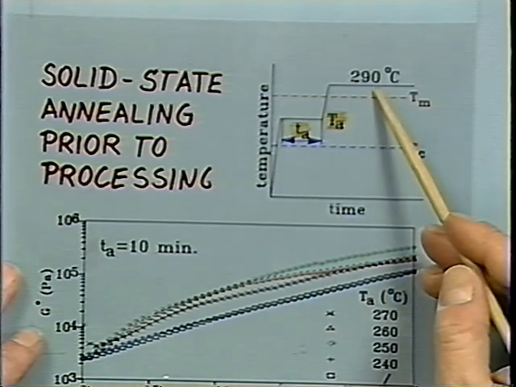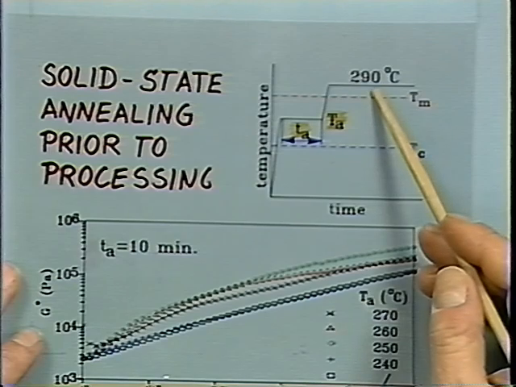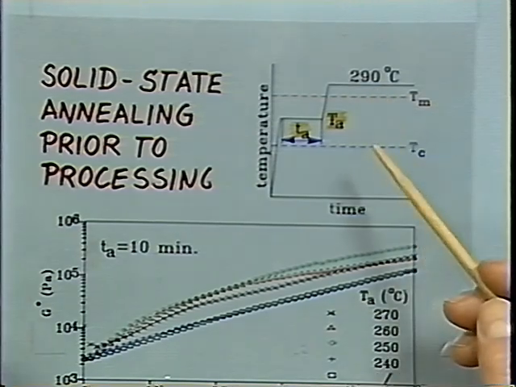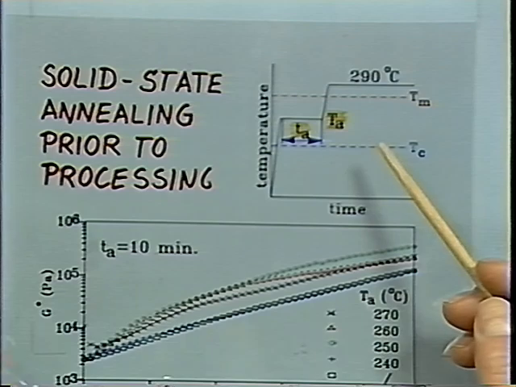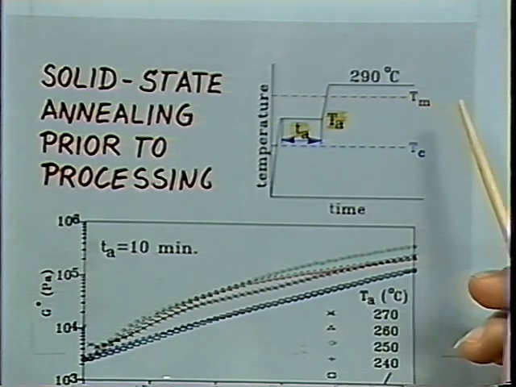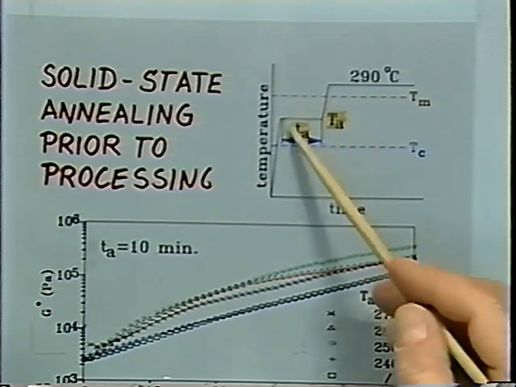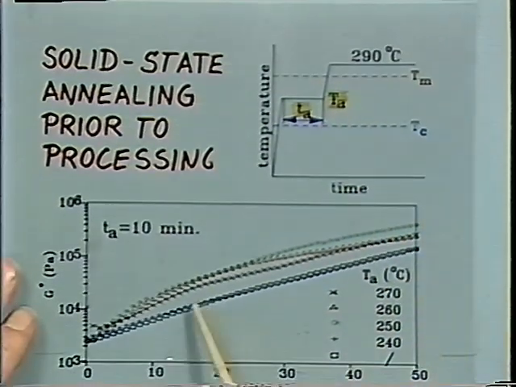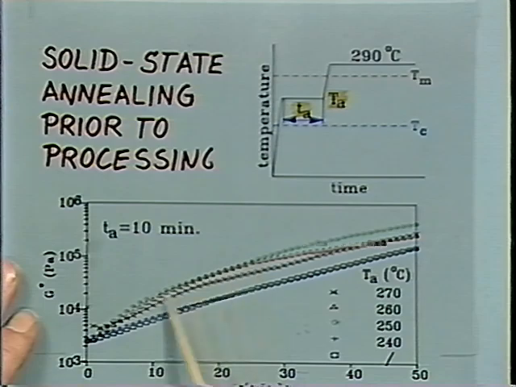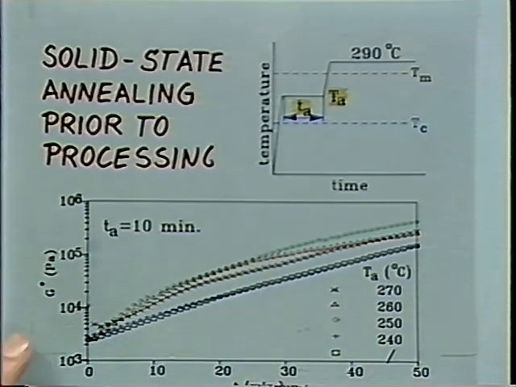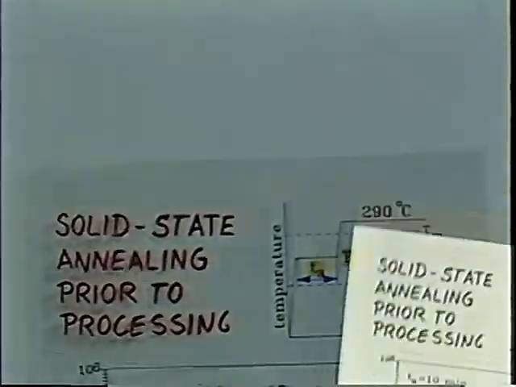So that will be done first. And then we go to a temperature slightly above the melting temperature, 290, and try to induce a lot of this highly ordered structure. Now, by performing this annealing, we can increase the rate of crystallization, certainly. But the effect is not very large.